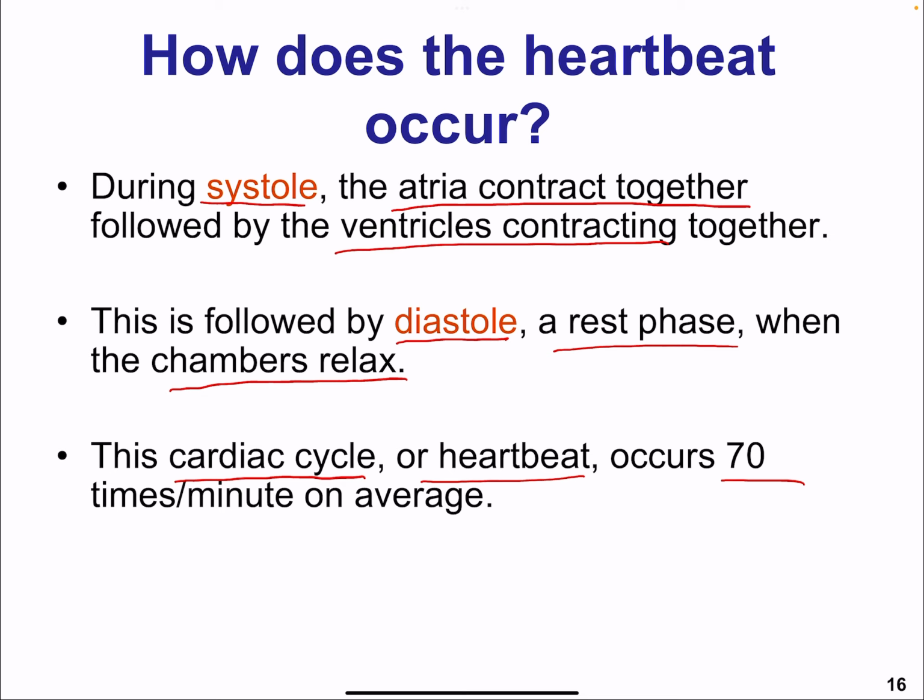Depending on your physical fitness, right? Are you an athlete? Are you somebody who is most of the time sedentary? In which case, you are going to have a different heartbeat rate.